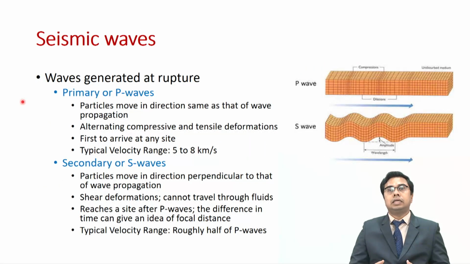Now, once the earthquake takes place, it generates seismic waves. We have seen in the last class, among those seismic waves, the first ones are the body waves, which get generated and which travel through the space inside the earth.